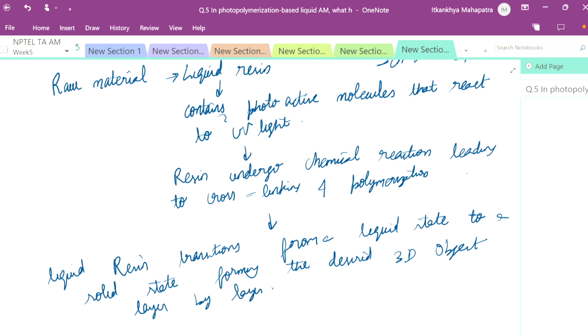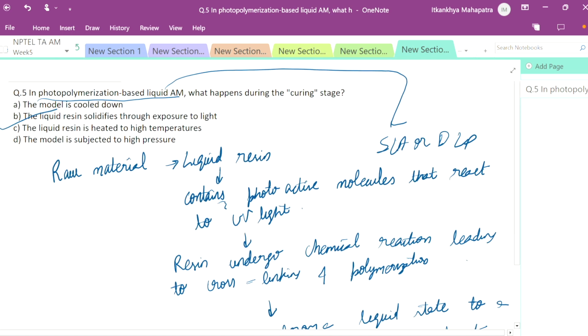Now this exposure to light causes the resin to solidify and bond, creating the structure of the printed object. The process is repeated for each layer until the entire object is complete.